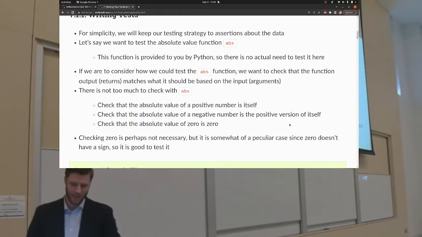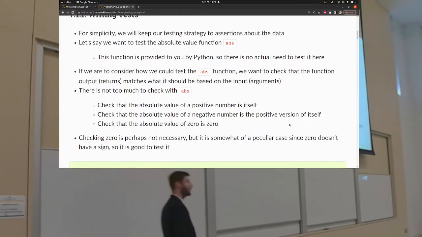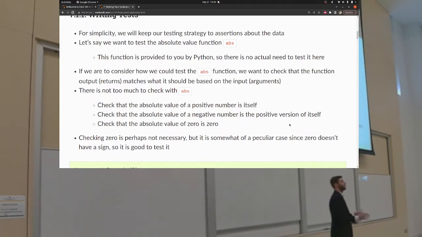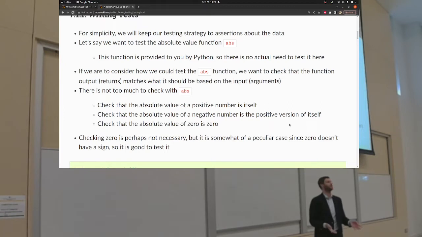For simplicity, we're going to be using assert. Assert is a special keyword in Python. If you say, I want to assert that the number 5 is the result of calling the function with this input, for example, I want to assert that Celsius to Fahrenheit, if I give 0 degrees Celsius, the result better be 32.